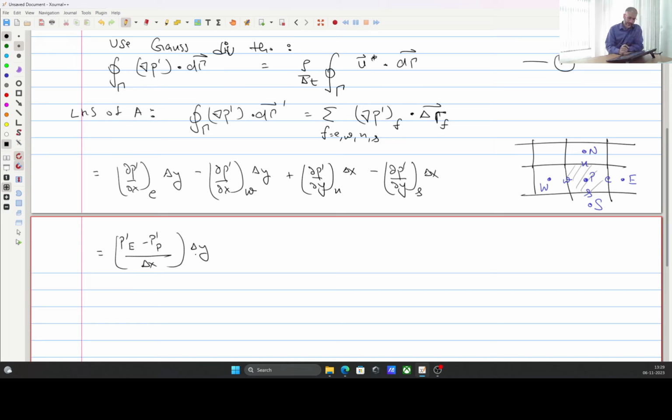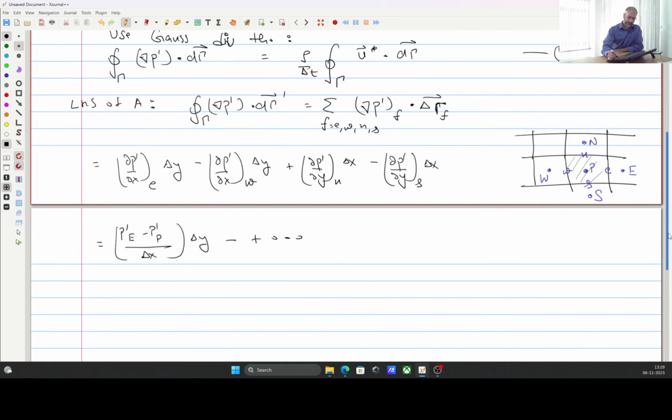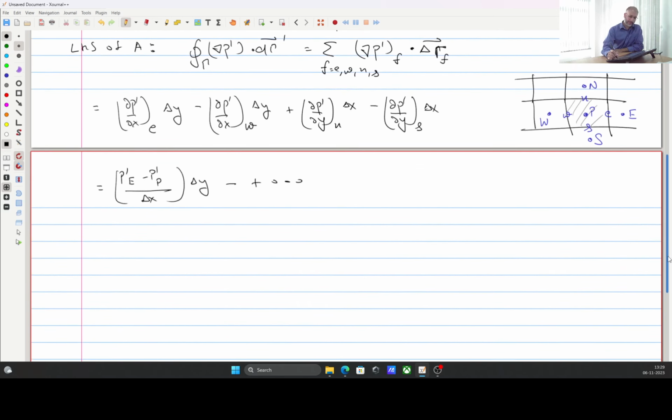So this is how we are discretizing del p prime by del x on the eastern face. And I won't repeat that. You can proceed similarly for all the other 3 terms. We have done this in the stream function equation, so I don't want to spend too much time on writing things in detail here. If you have confusion, you can always go back to the stream function discussion we had.